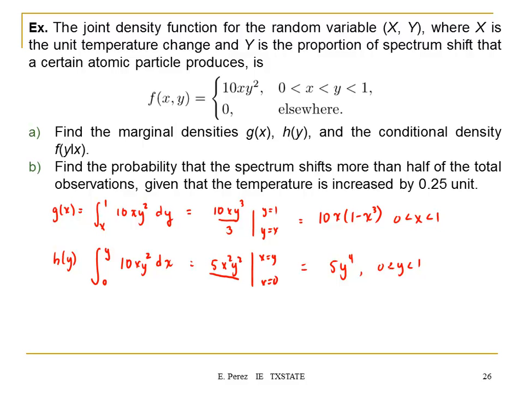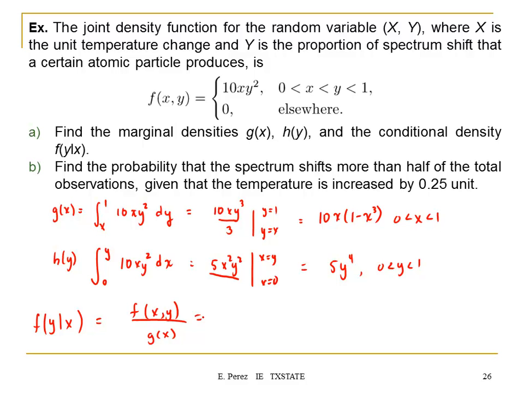And now we need to find the conditional probability, which you think is going to be easy to compute. So in this case is the conditional probability for y given x. So how do you find the conditional? You have the joint divided by the marginal of x. Do we have that information? Yes, we do. We know what is the joint. It's provided by the problem.